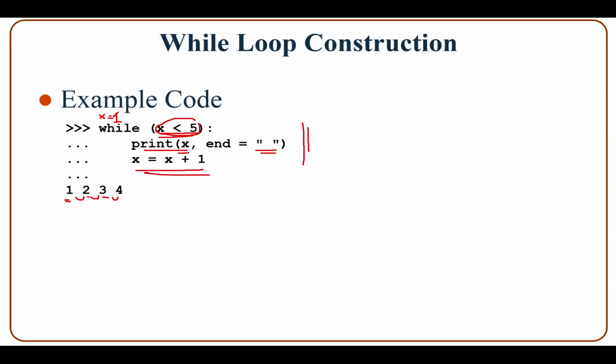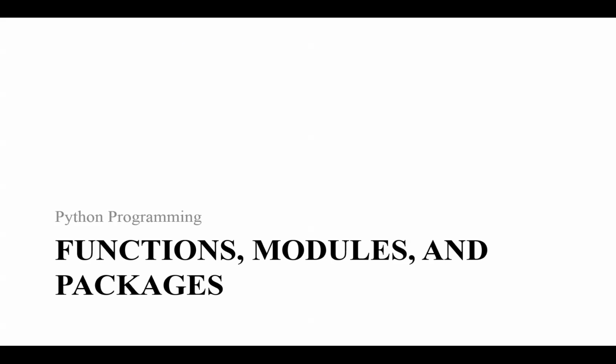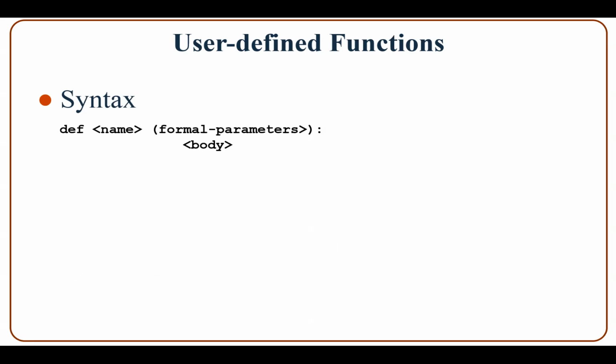Let's talk about functions in Python, how you can write your own functions. We talked about modules and packages in Python as well. In order to define your own functions, use this syntax: def and the name of the function, and then the parameters, the colon, and in the next line you start the body with some indentation. Let's look at this example code.